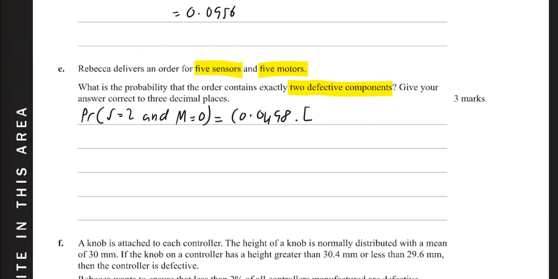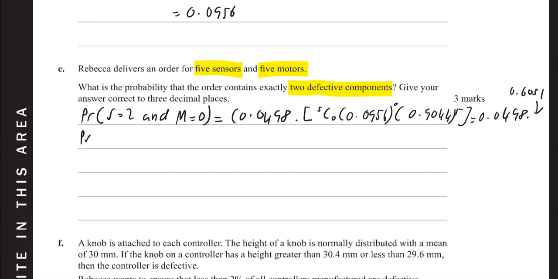To find that, we can just do 5 choose 0 because we want 0 defective motors multiplied by 0.0956 to the power 0 times 0.9044 to the power 5. And that's going to be 0.0498 times 0.6051. That's one combination done.